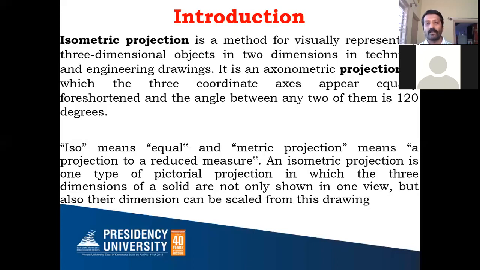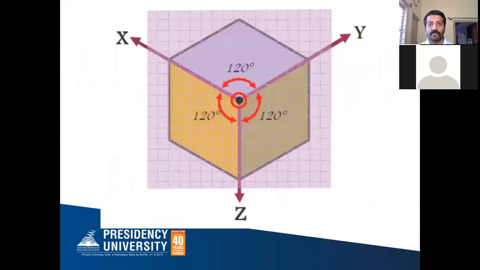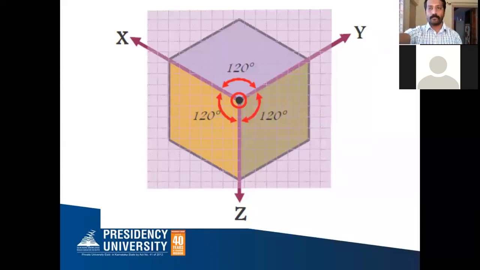Let me take one example of a cube to explain what exactly isometric projection is. This cube I have tilted a little bit. Let me take this as my cube.